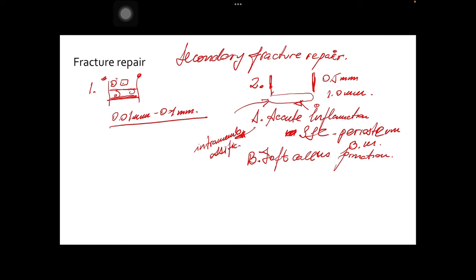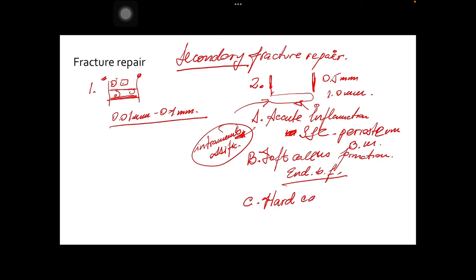So the secondary fracture repair uses both strategies, intramembranous ossification and endochondral bone formation, right? It takes advantage of these two mechanisms to form a semi-rigid cartilage that eventually can be mineralized, forming a hard callus.